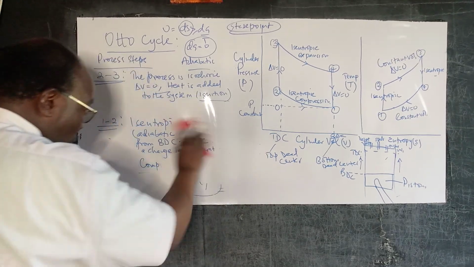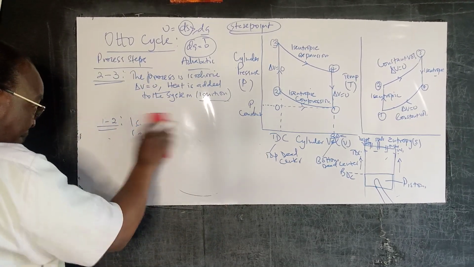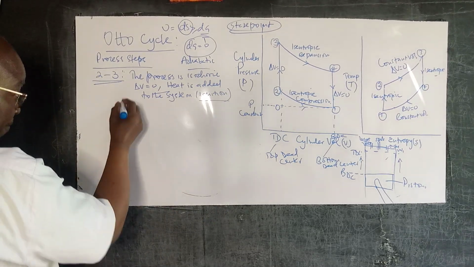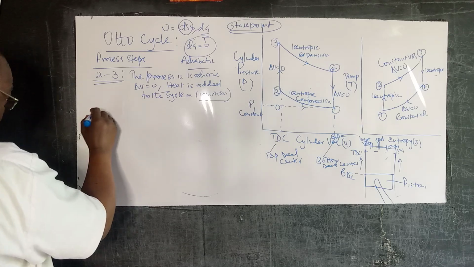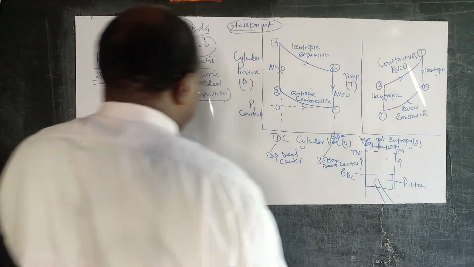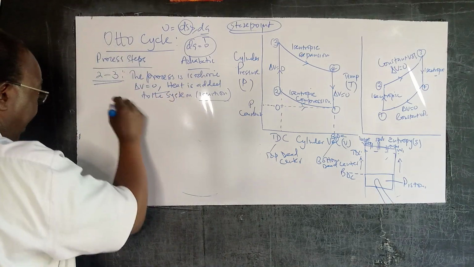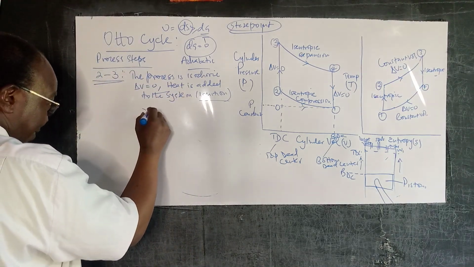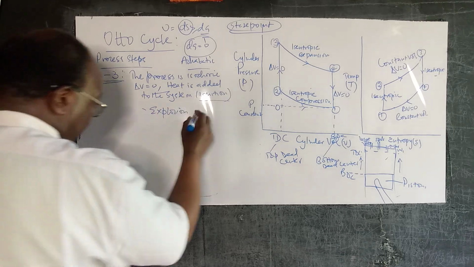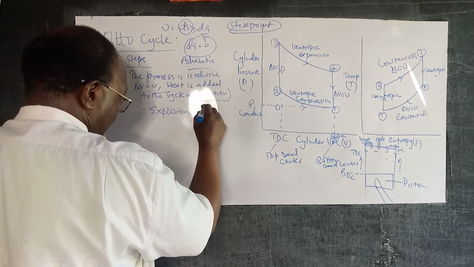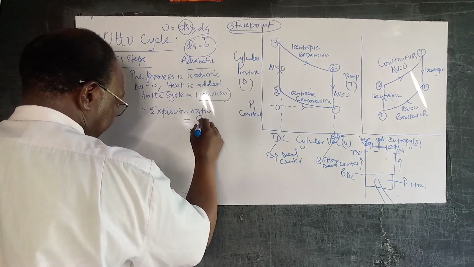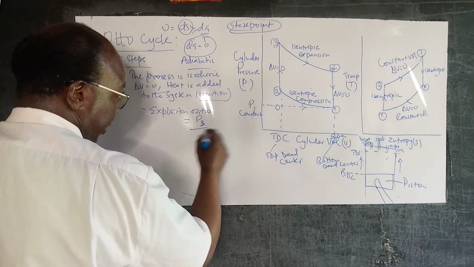Now, once we ignite our system, we have the power stroke, that is 3 to 4. In fact, sometimes for 2 to 3, there are cases where it's referred to as the explosion ratio, which sometimes is given by P3, pressure 3 over pressure 2.